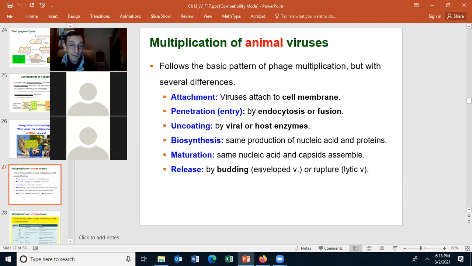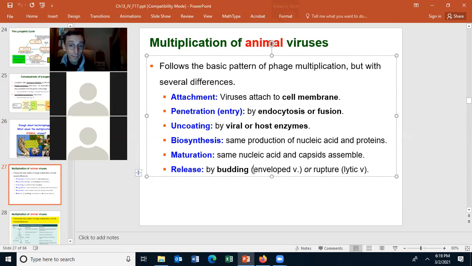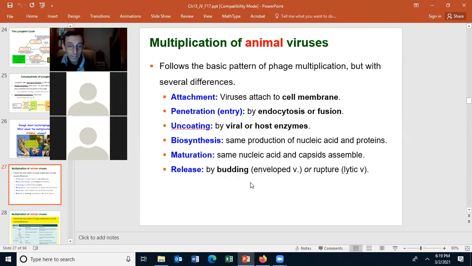But animal viruses can also, or at least some animal viruses, can replicate by the budding life cycle, and actually all enveloped animal viruses replicate by the budding life cycle, and that is totally new that we see in animal cells, and the budding life cycle is not found in bacteriophages. Any question about any of that?